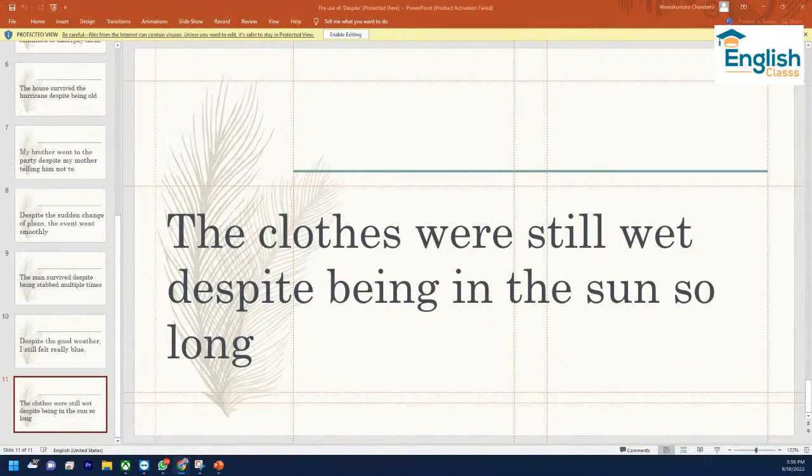The clothes were still wet despite being in the sun. As I said before, if you need to use a verb just after the word despite, it should be the verb with ing. Despite being in the sun so long, the clothes were still wet. You can use the conjunction despite at the beginning of the sentence or in the middle of the sentence.